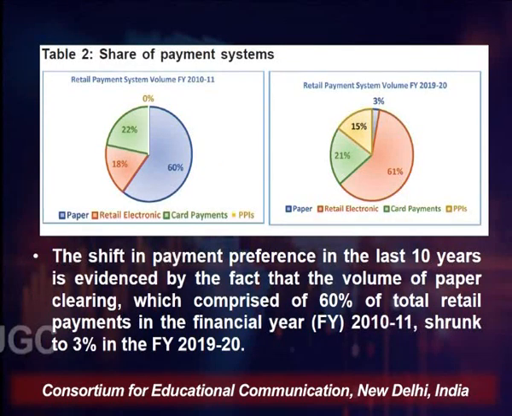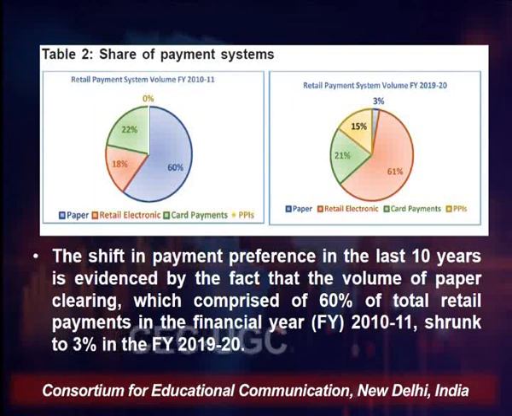If we see the growth and development of this payment system, how much was the contribution of offline paper-based payment systems and retail electronic payment systems? In 2010-11, 60% was the paper-based payment system, so it was physical currency being transacted.